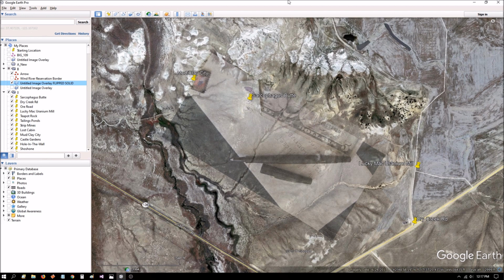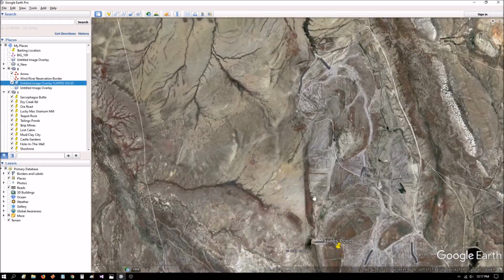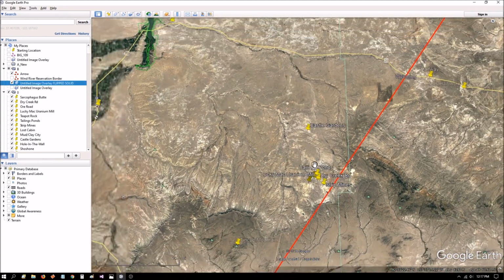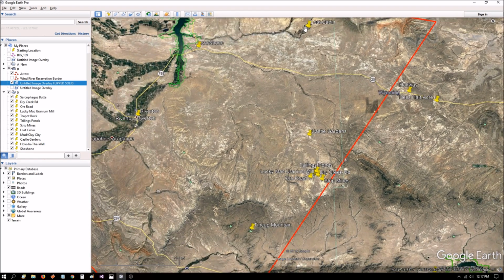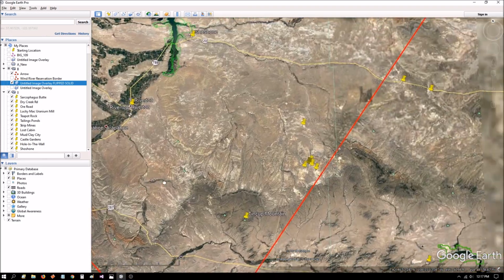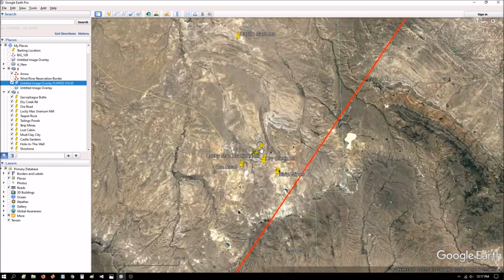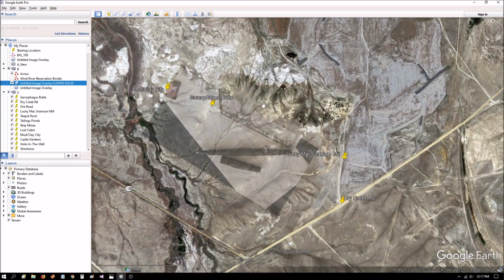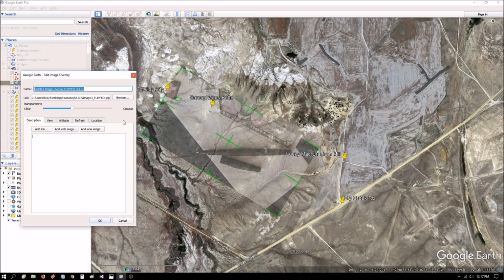Lincoln's head is facing north. And north of here, we have the Lost Cabin. Of course, we also have Lincoln County over here. Now, Lincoln's head kind of blends in with that background.